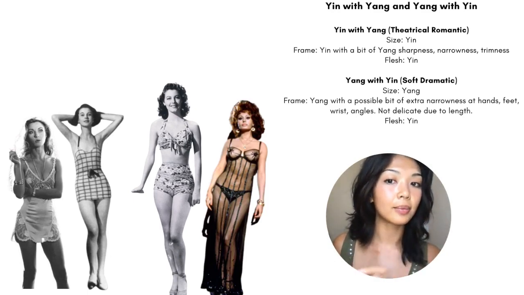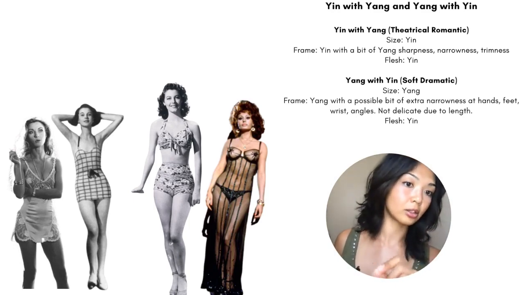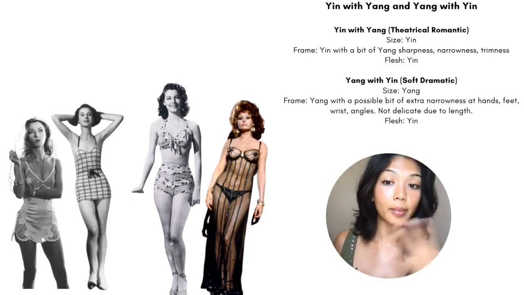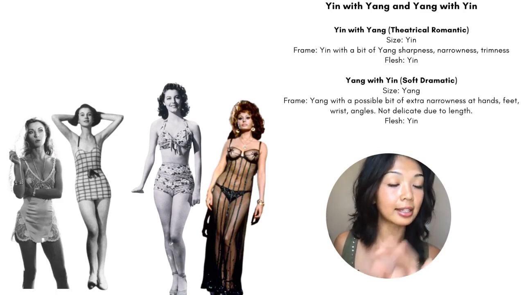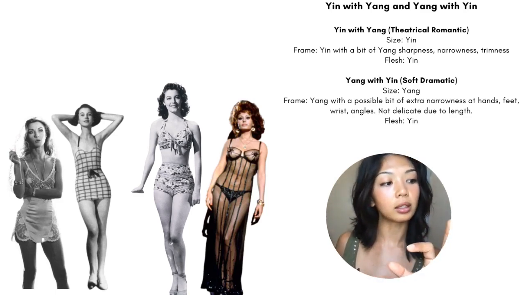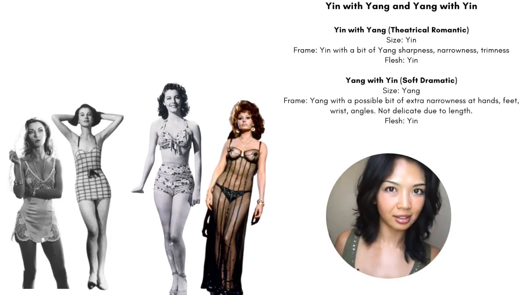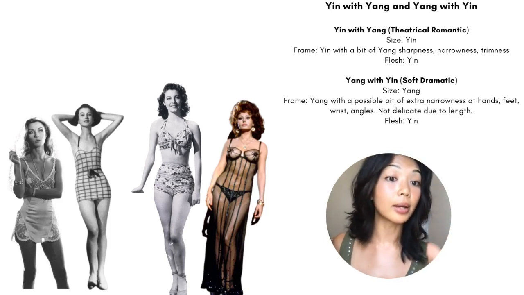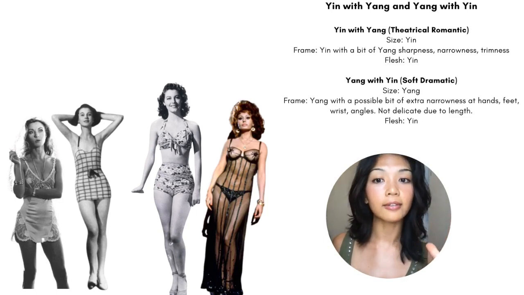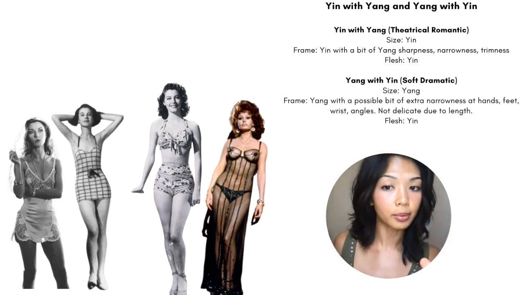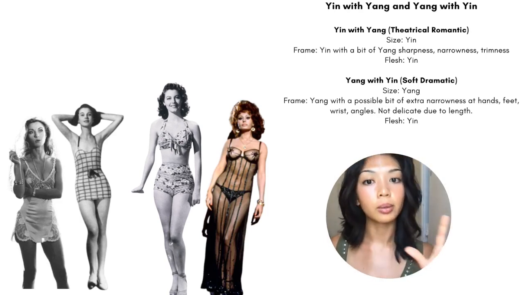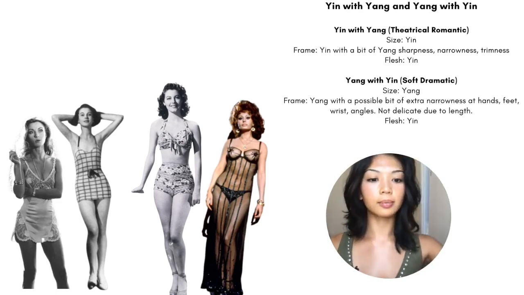But in the system, that cannot be delicate because their length offsets the narrowness. So in the Kibbe system, from my understanding, delicacy is only a yin thing. There's that size aspect to it. Now, in terms of flesh, they have a yin quality to their flesh. They're more soft, more supple, more rounded, more curvaceous.